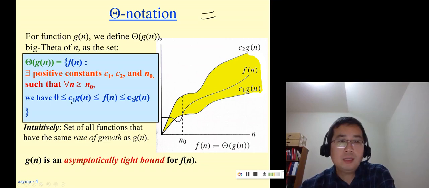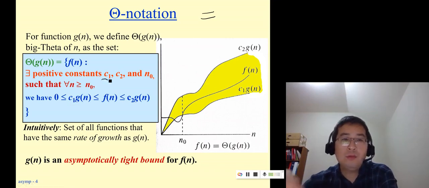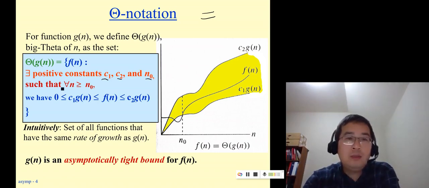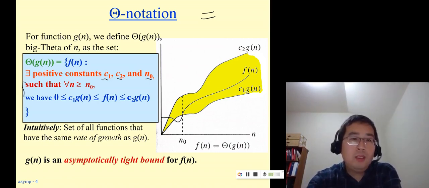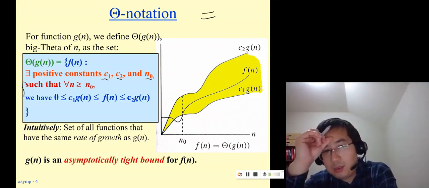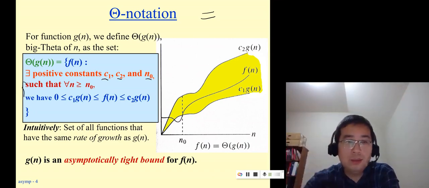What's the condition? We can find three positive constants, C1, C2 and N0, such that the following holds. N0 is a number.